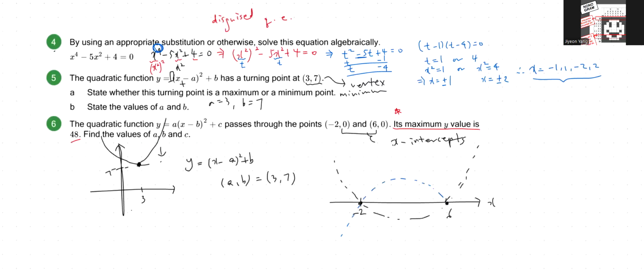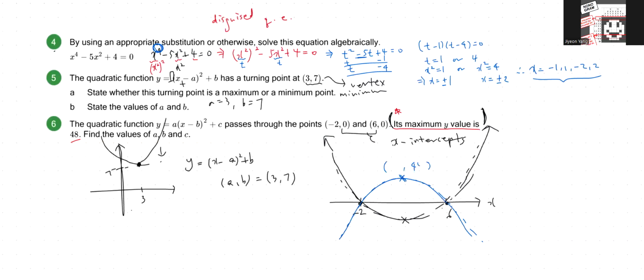But if the graph shape is the black one, there is no maximum point because it goes to infinity, right? It has only a minimum point. But they say it has a maximum value. So the shape of this graph should be this one. Understand? And then the maximum y value here is 48, meaning that the y-coordinate is 48.